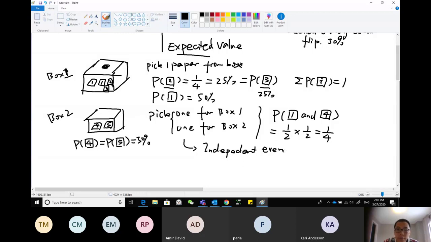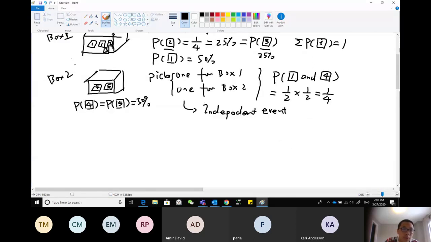So they're independent events. For independent events, if you want to have 2 independent events happening at the same time, the probability equals the probability of event 1 times the probability of event 2, right? So that's the case here.